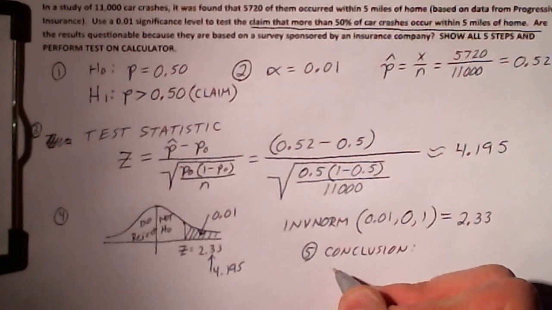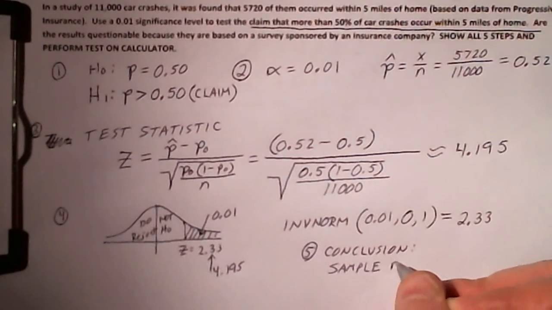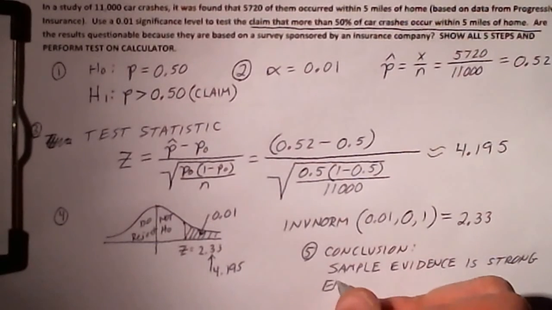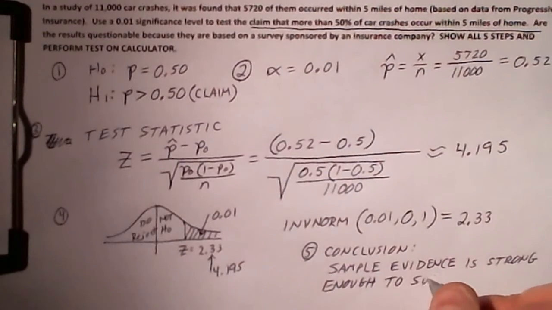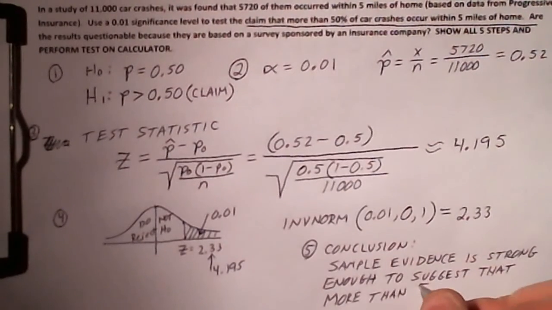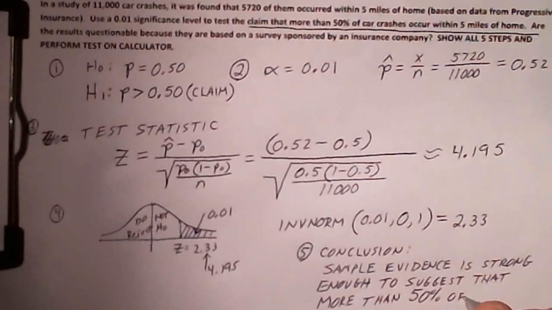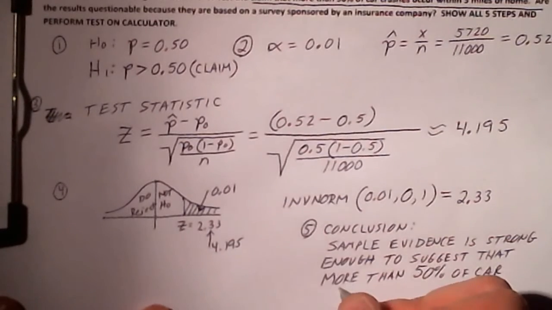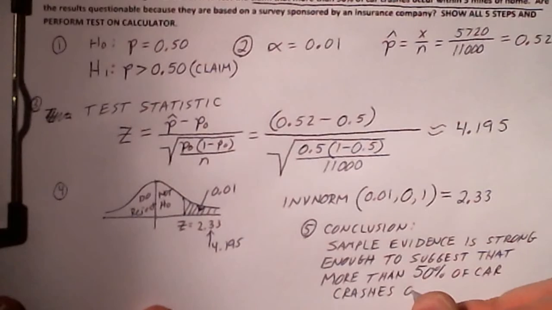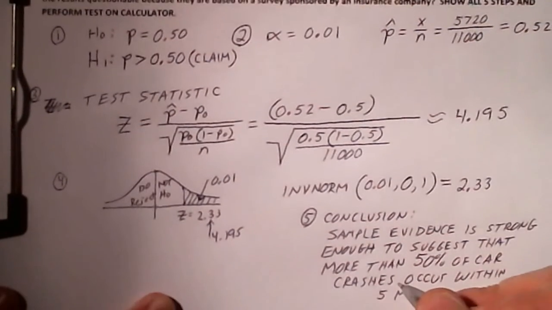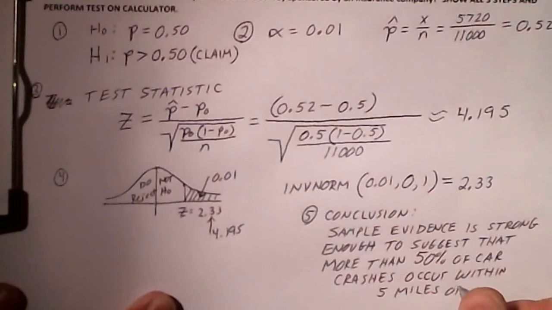You can state it as saying something like this: sample evidence is strong enough to suggest that more than 50% of car crashes occur within 5 miles of home.